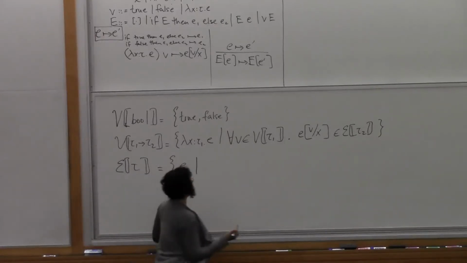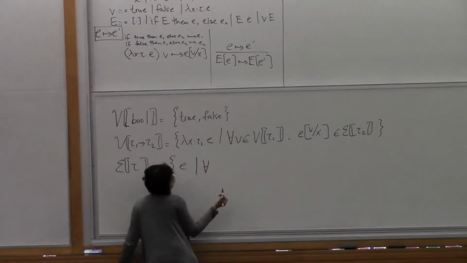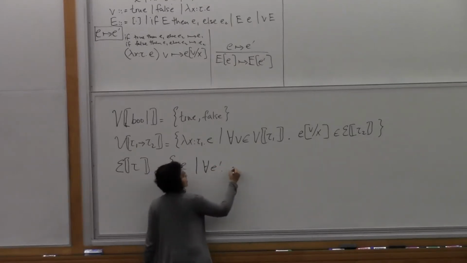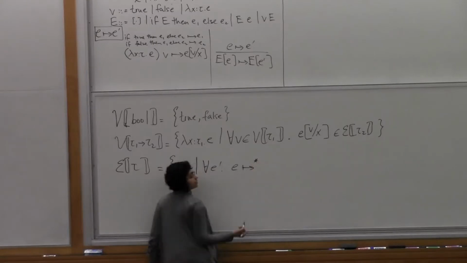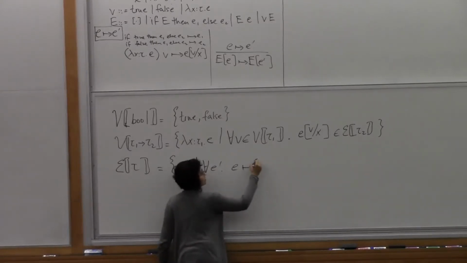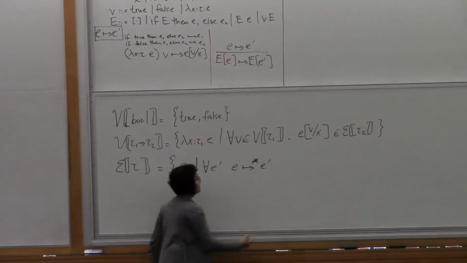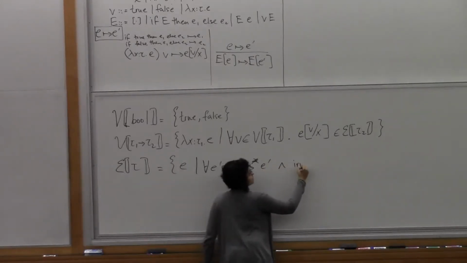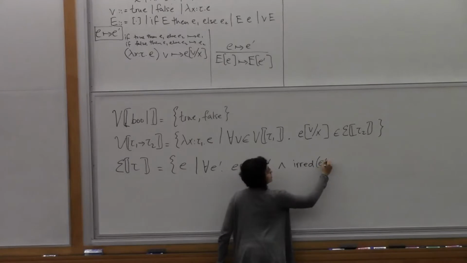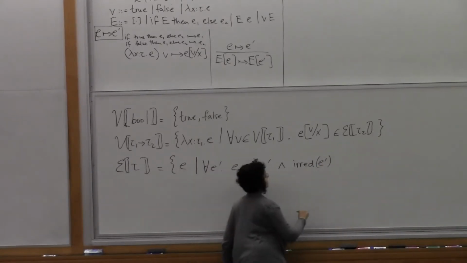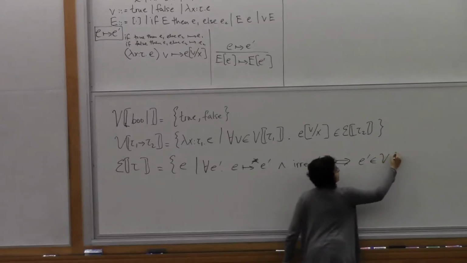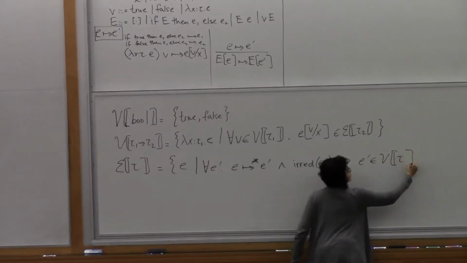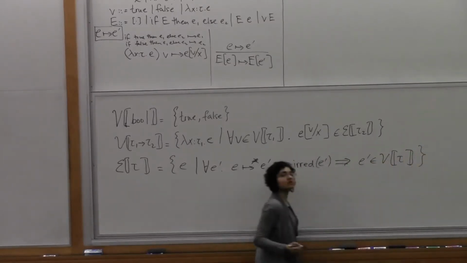We're going to say that for all e prime such that e reduces in some number of steps, 0 or more, this is a star, to e prime, and that e prime is irreducible, then we want to make sure that the e prime is actually a value of type tau.